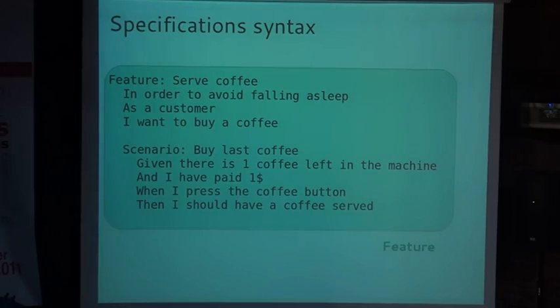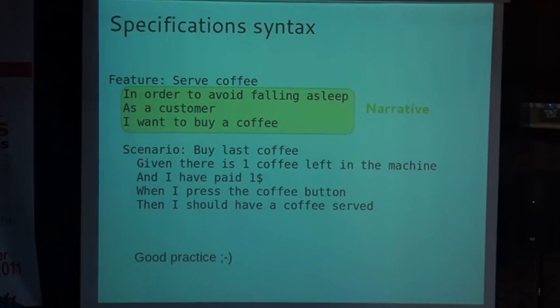We have features. Features represent little pieces of functionality of your software, of your application. In this case, if we are modeling a coffee machine, the part of serving coffee is a piece of functionality of the entire system. Features are often followed by a narrative.